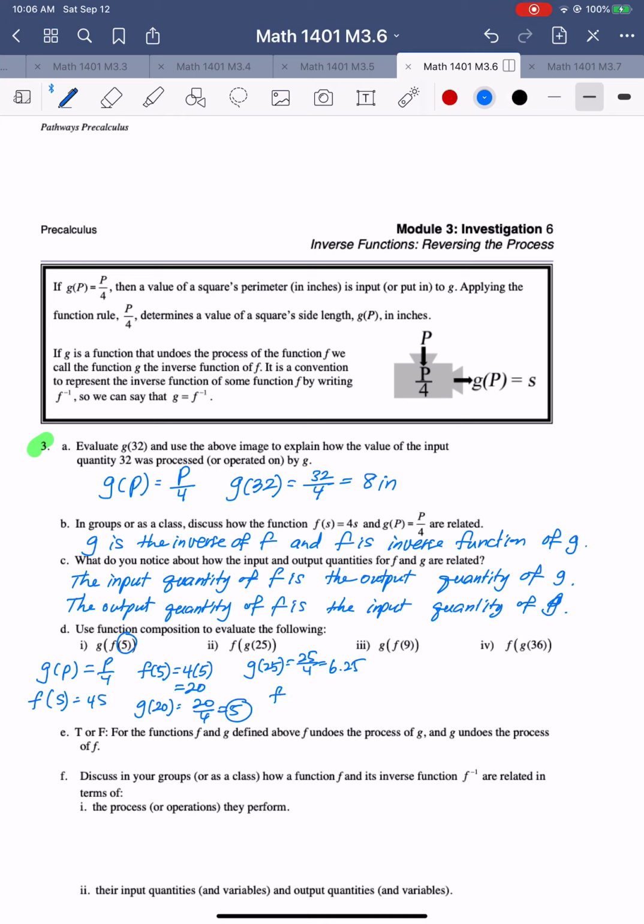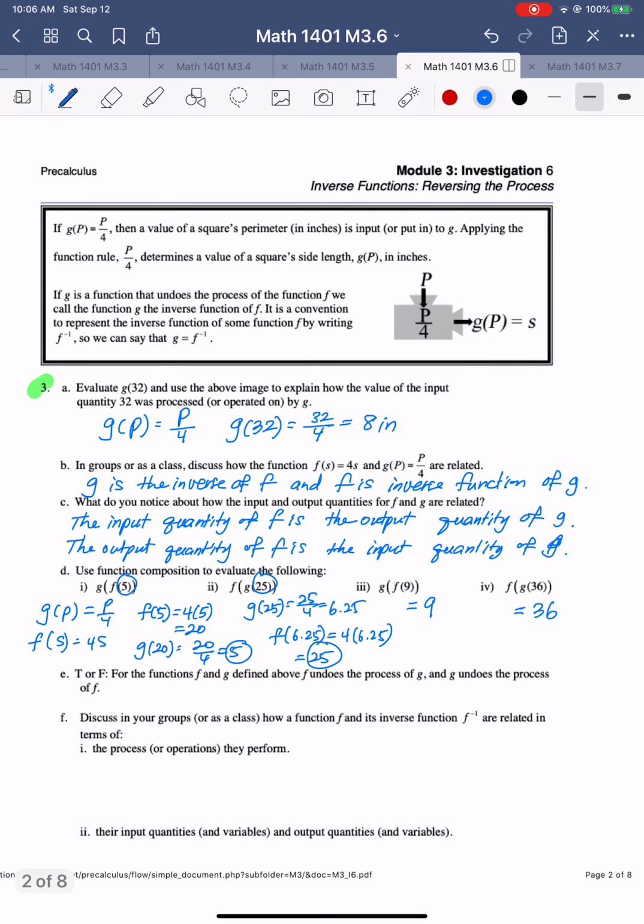So now you put 6.25 into the f function, so 4 times 6.25 becomes 25. So we put 25 in and get 25 out. So since the f and g functions are inverses, whatever input you put in comes out as the output too.